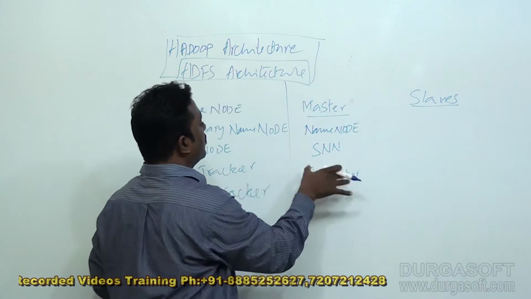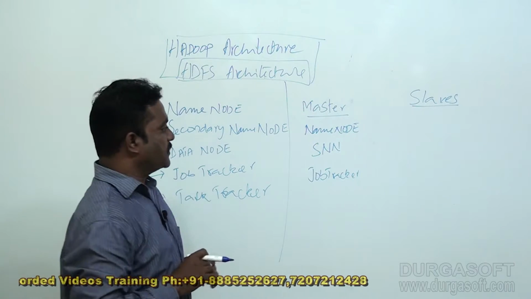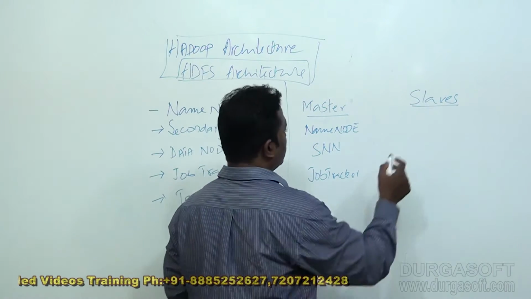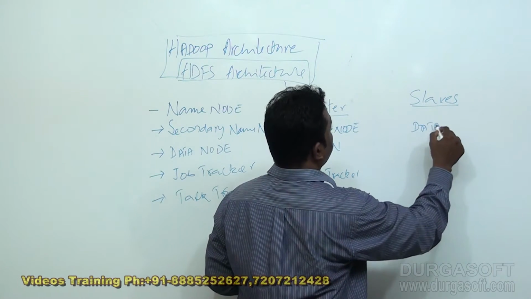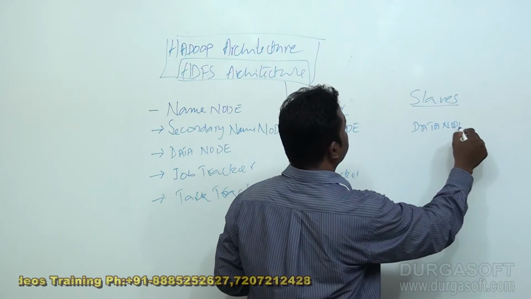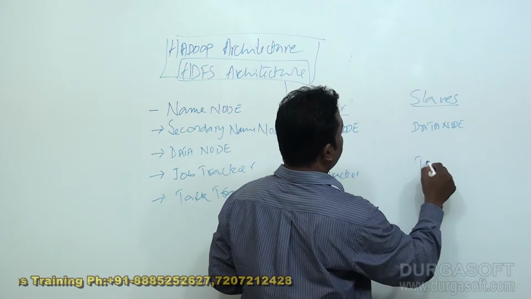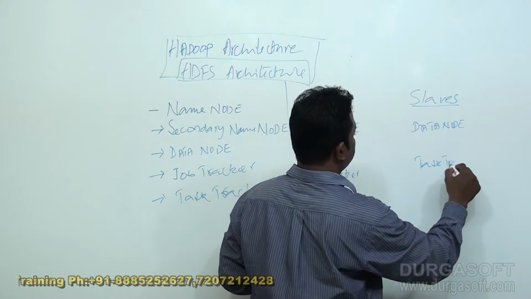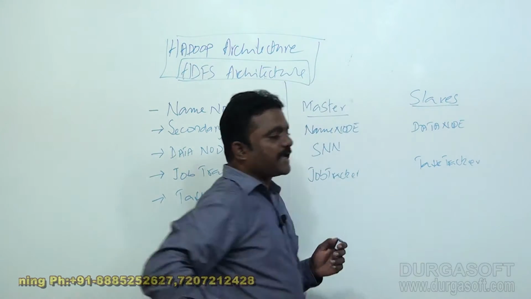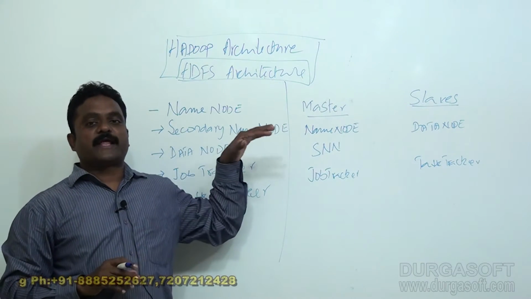We call these 3 master nodes, and the slave nodes are data node and task tracker.